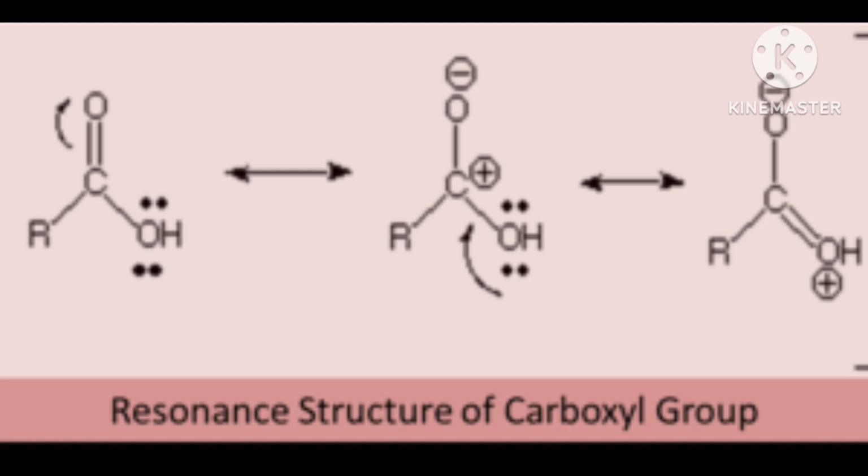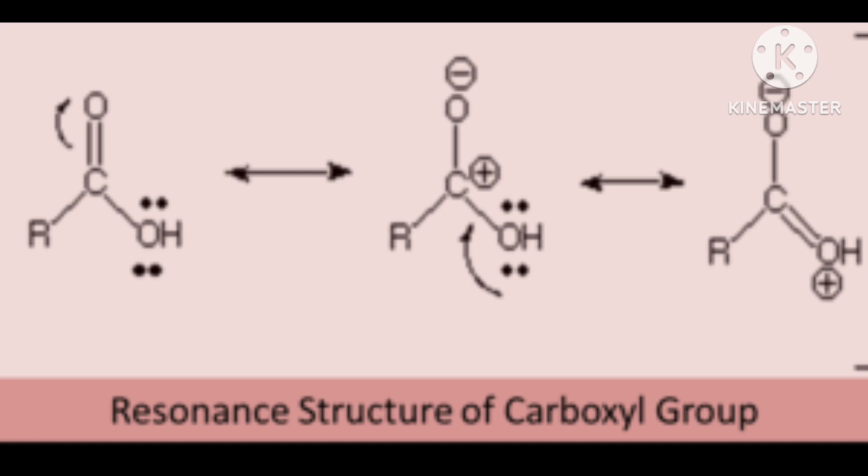See here, where the bond was double, that became single, and where it was single, that bond became double. The double bonded O now became single bonded, and the single bonded OH became double bonded. Correct?